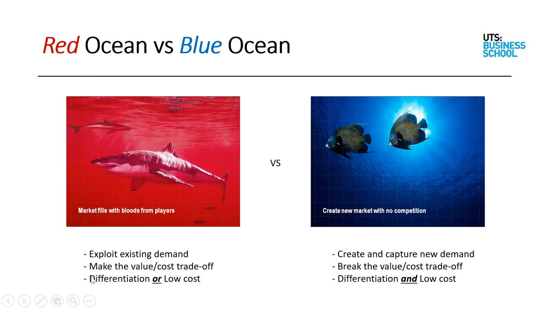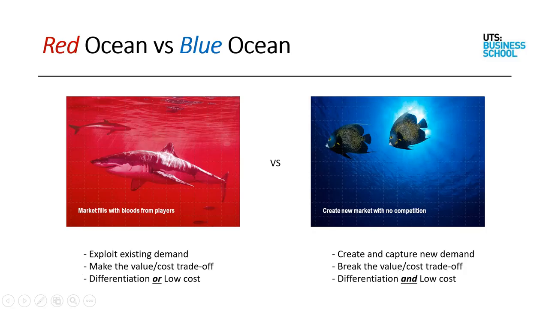So in the red ocean strategy, the brands tend to emphasize the value cost trade-off, and make money off that by differentiating themselves either on value or low cost. But in the blue ocean strategy, the brands tend to break the value cost trade-off.